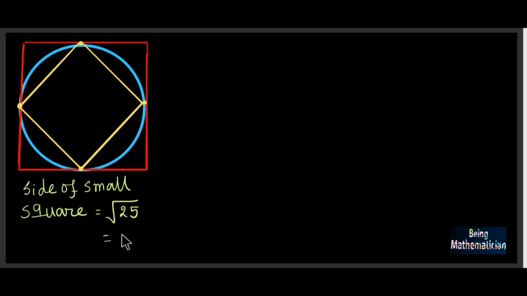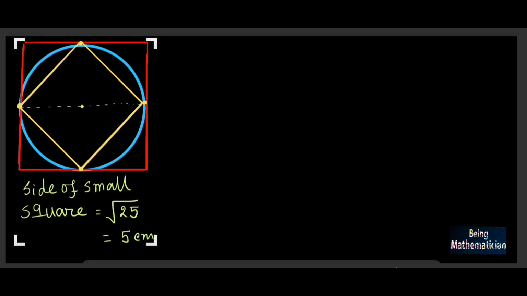So the side of the small square is equal to root over 25, and it must be 5 centimeter. So the diagonal of the square is clearly the diameter of the circle.